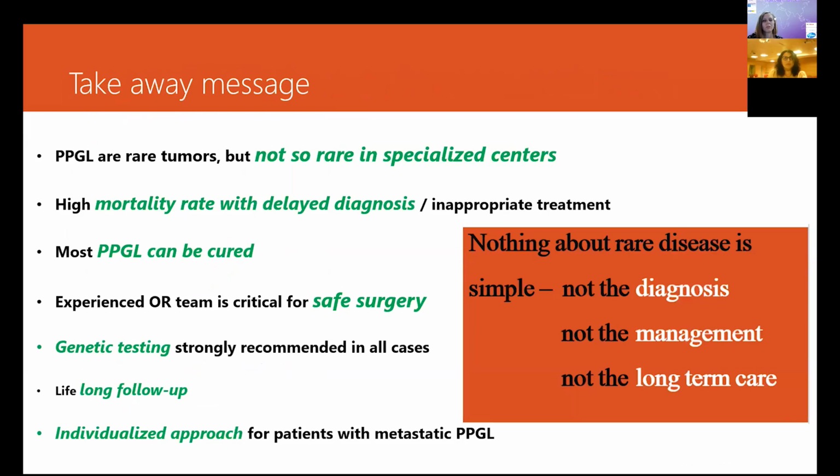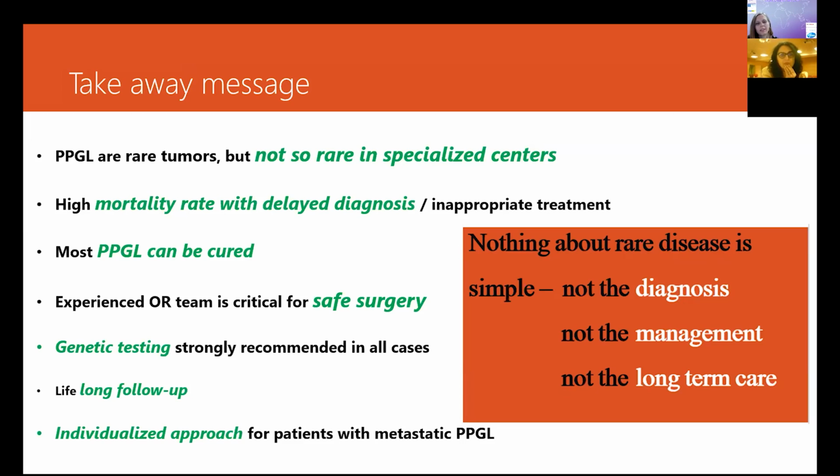And to conclude, the takeaway message is that PPGLs are rare tumors, but they are not so rare in specialized centers, and that's where those patients should be treated. There is a high mortality rate with delayed diagnosis or inappropriate treatment. Most patients with PPGLs can be cured.